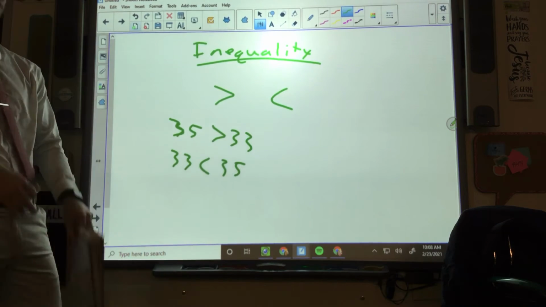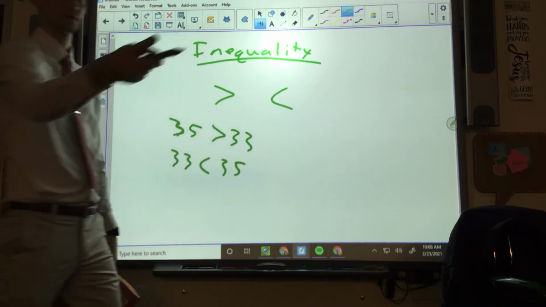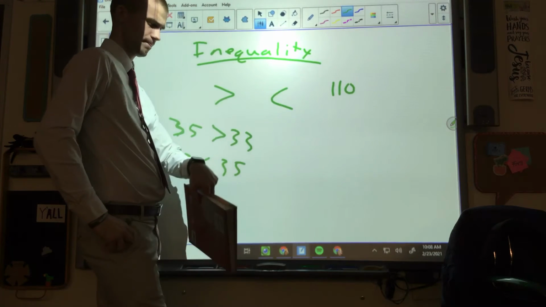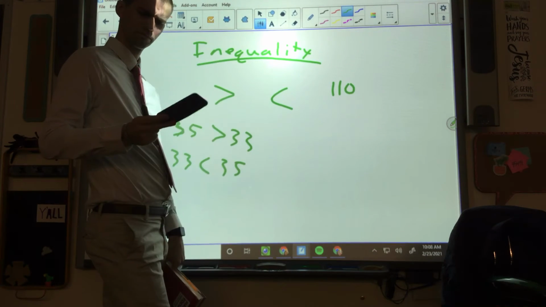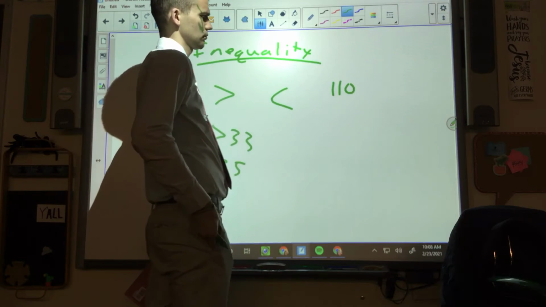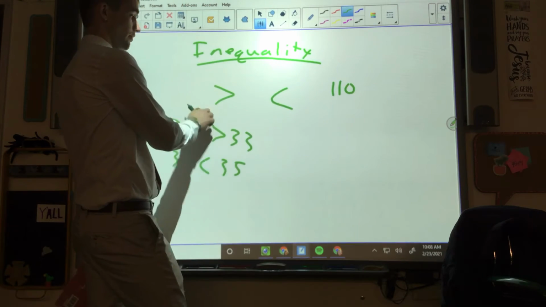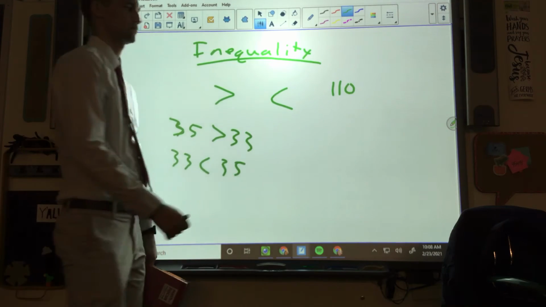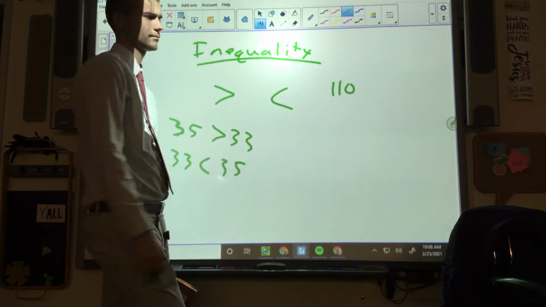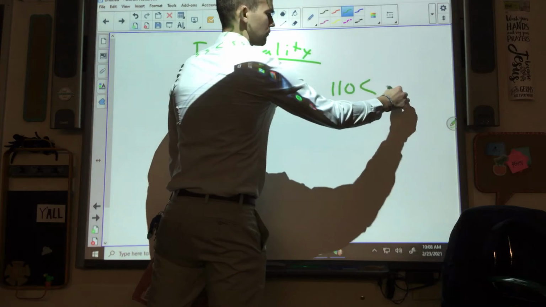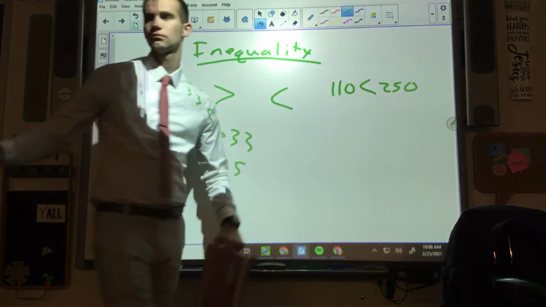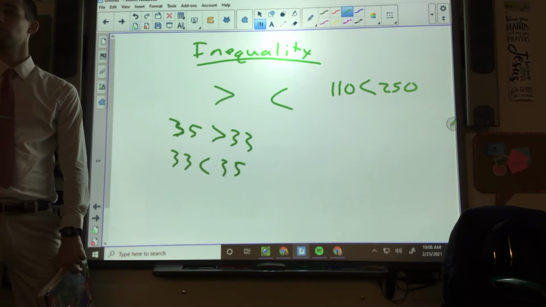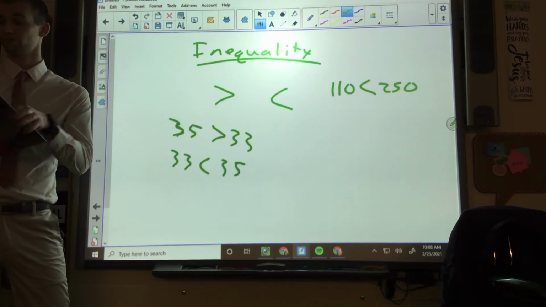If I were to say 110 is less than 250, the symbol would face the same way. This is greater than, that's less than. So 110 is less than 250? Yes.